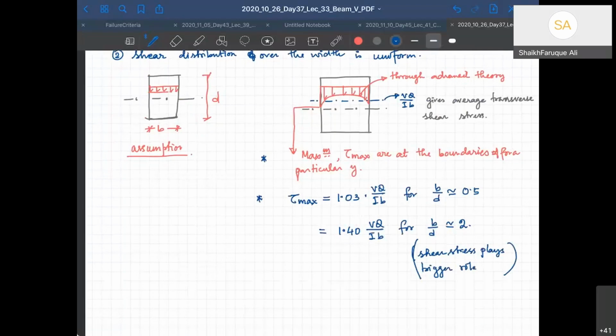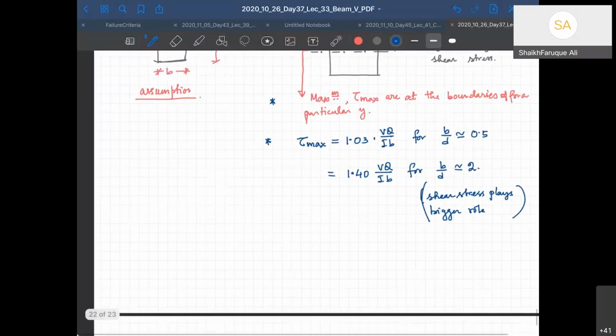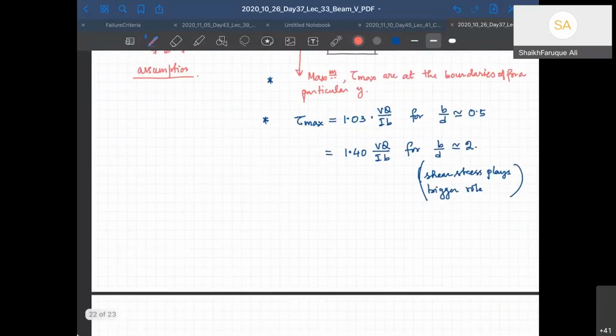A member like this, with this D and this B, will definitely create a problem in your shear stress distribution.